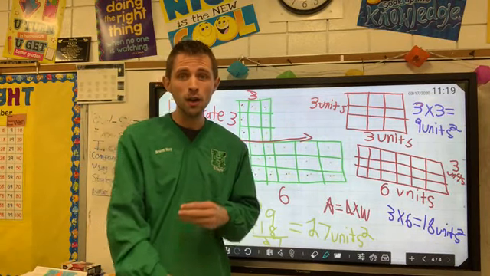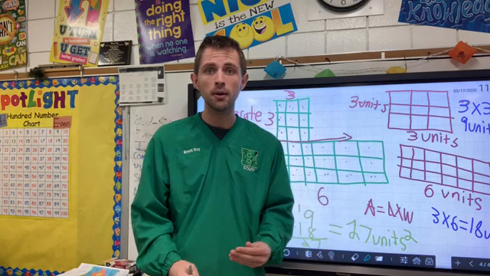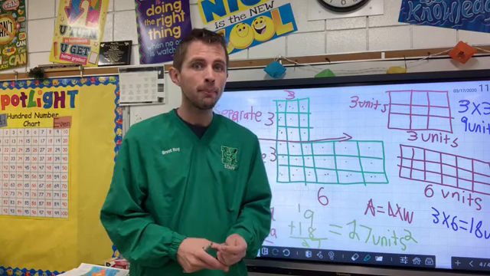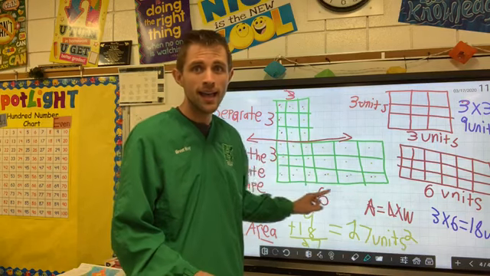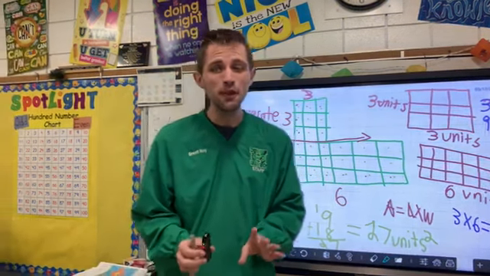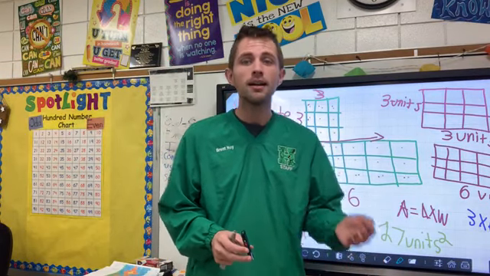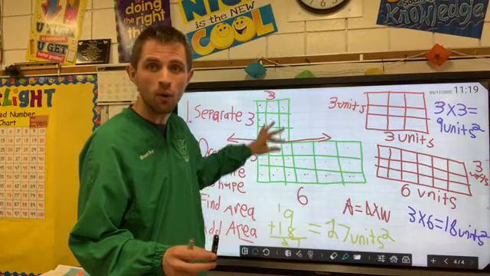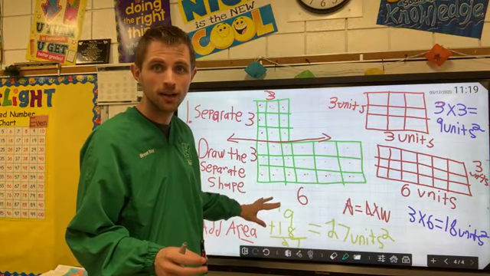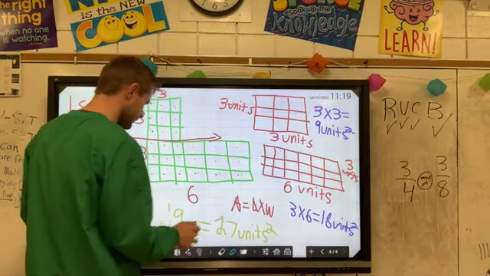Now we're going to move on to, we're still doing rectilinear area, but we're not going to have these tiles to help us anymore. And again, this is still a review for you all, because this is something that we have done in class. But this time, we are going to be doing it without the tiles. So let's go ahead and erase this.